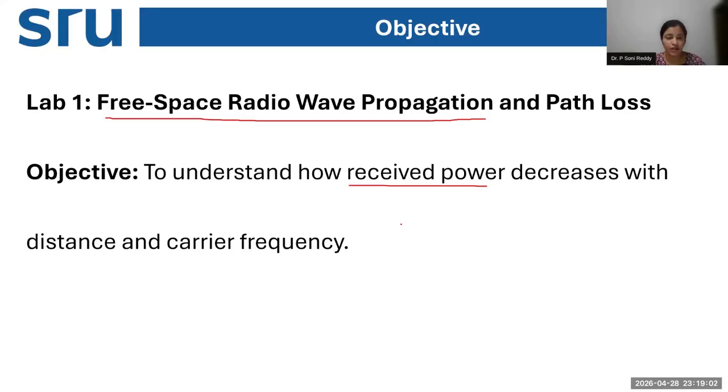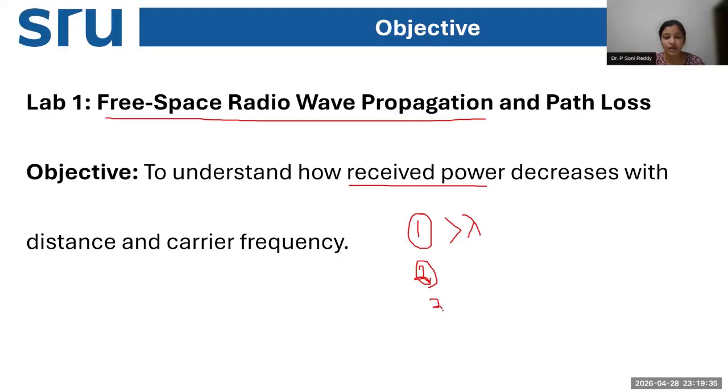And third criteria was scattering, which is when the size of the obstacle in the path of your transmitted signal is less than the wavelength of the transmitted signal. So first, reflection means the size of the object is greater than the wavelength of the transmitted signal. Second, diffraction does not depend upon the wavelength, it is only because of the sharp edge that there is some bending.